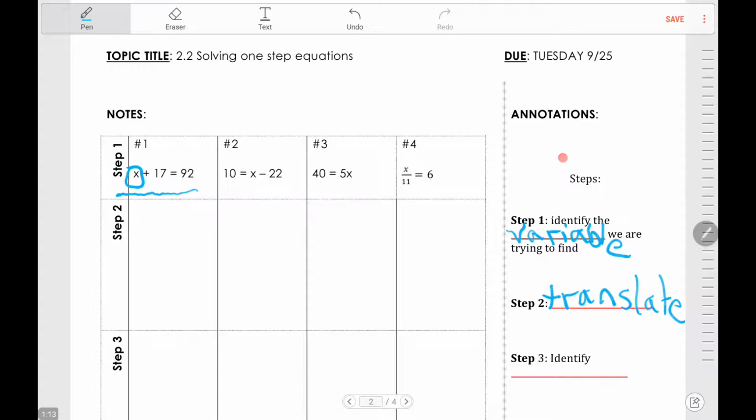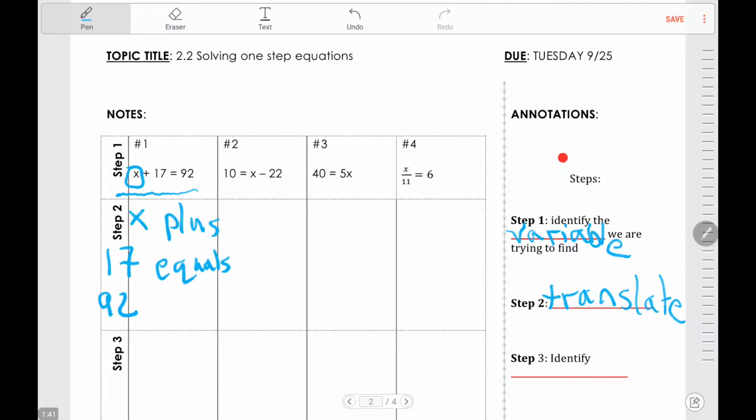Well, let's read what it says. It says x, so I'll write x. This is a plus sign, so plus 17 equals 92. X plus 17 equals 92. That's it. We have translated.